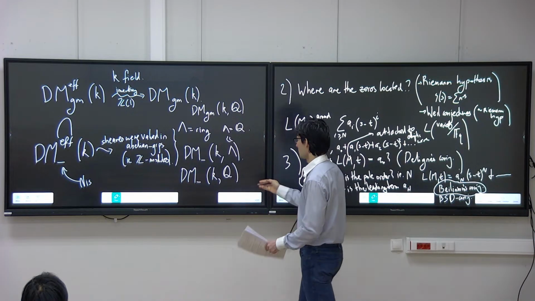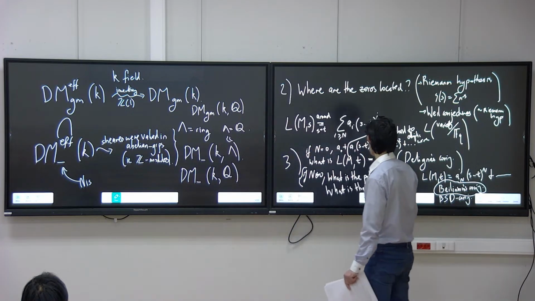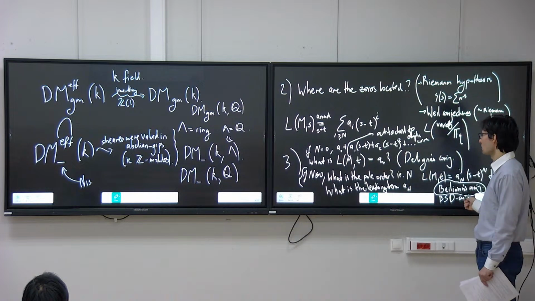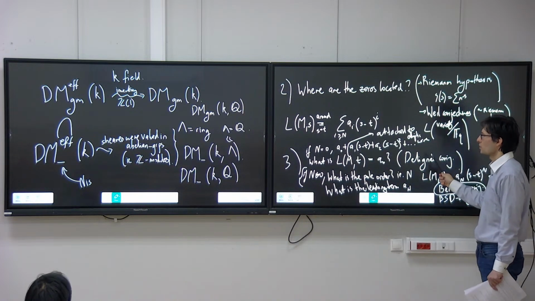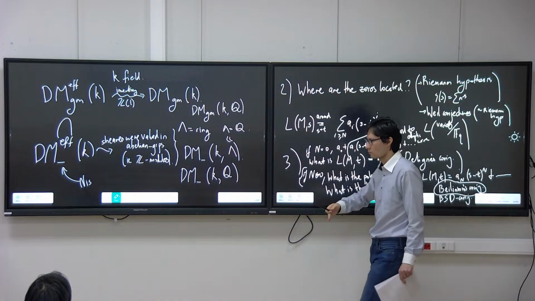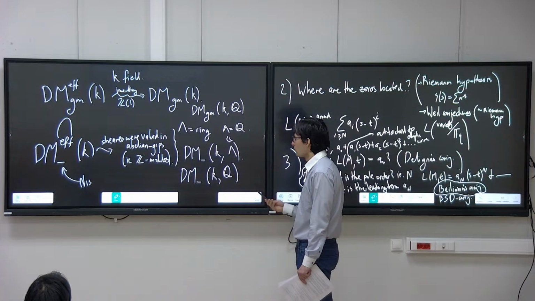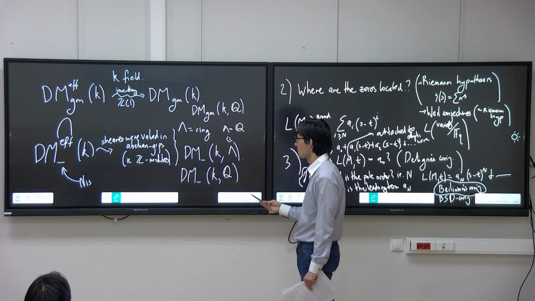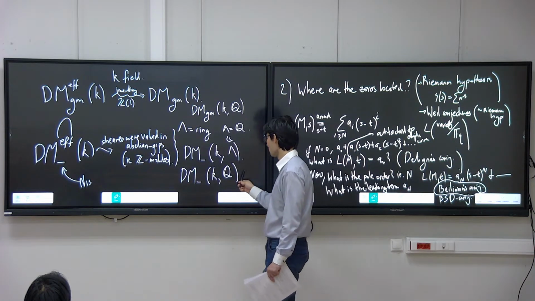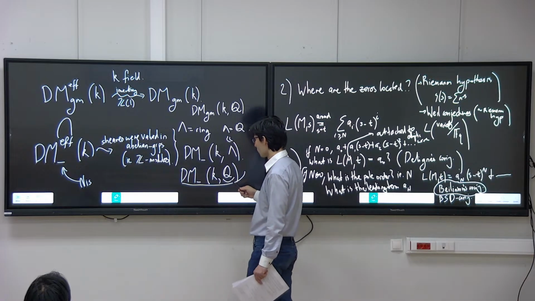The reason why I'm doing this is because I want to state Beilinson's conjectures and even Deligne's conjecture. We need realization functors. So we need to take cohomology of things. And the cohomology usually, the integral case is much more difficult, and it's better to stick with rational coefficients.